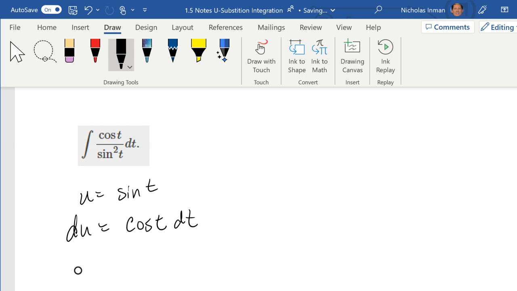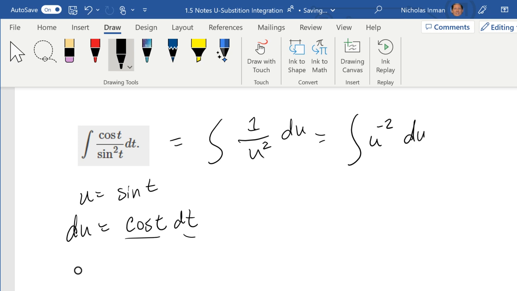Well, that's perfect. So u is equal to sine, so I have something over u squared. Okay. And cosine dt, that's exactly equal to du. So I'll put a 1 over top of this. Well, 1 over u squared is u to the negative 2. So increase the power by 1, and then divide by negative 1.